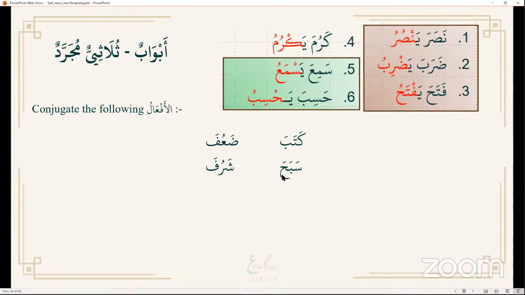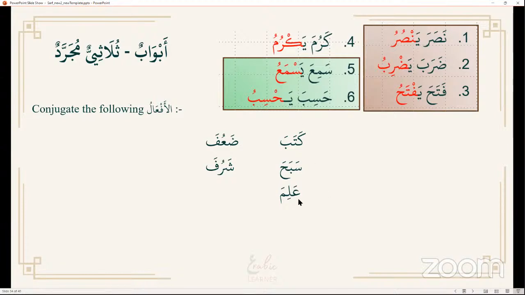It's very easy to find out. Sabaha yasbahu. Ha is there, which is from Huruf al-Halaqiyah. Alima. I told you, most of the time when it is from this group, it belongs to Sami'a yasma'u.